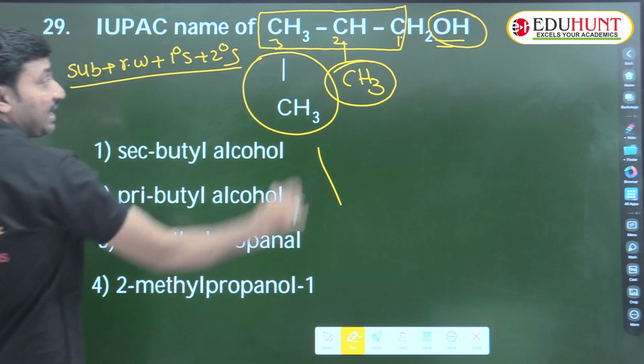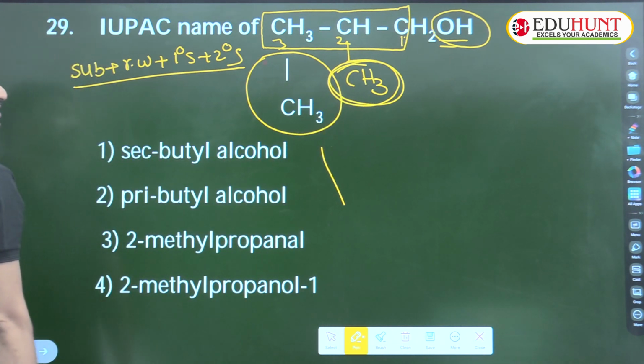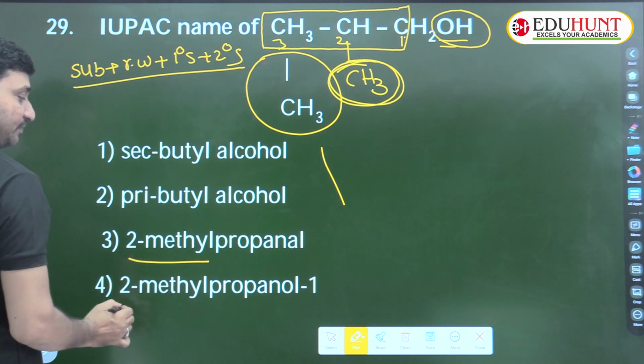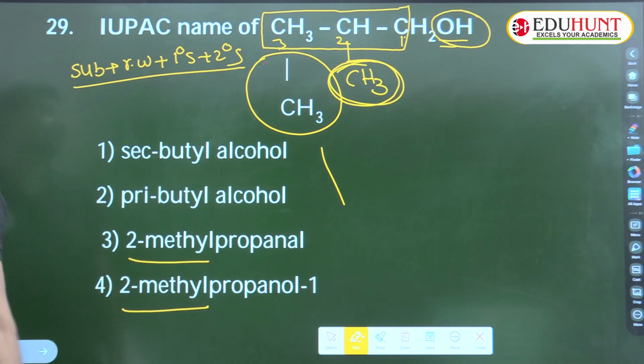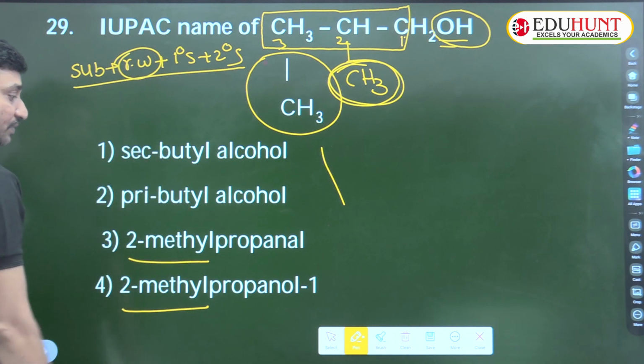Substituent. At the second carbon atom, one substituent is there. What is the substituent? Methyl. 2-methyl. Root word. What is the root word? 3 carbons, right? Prop.